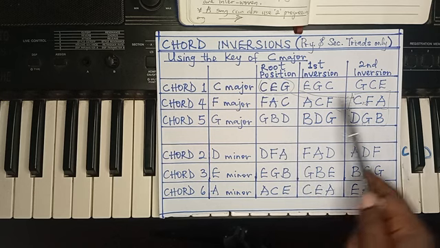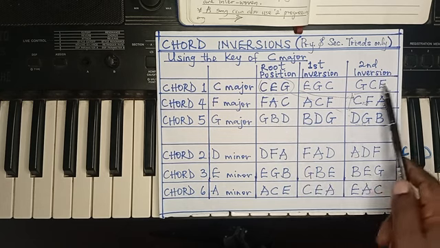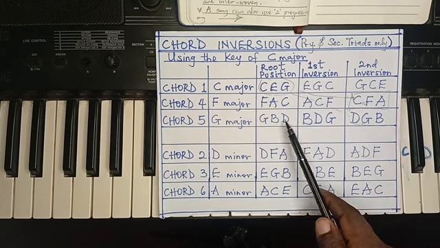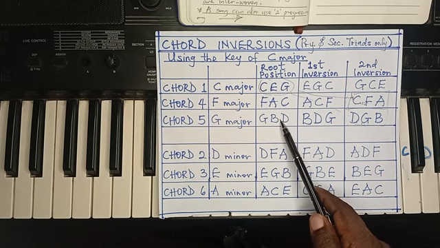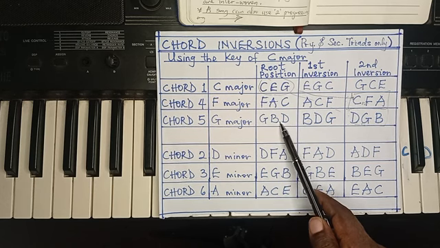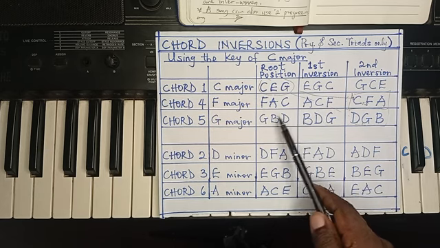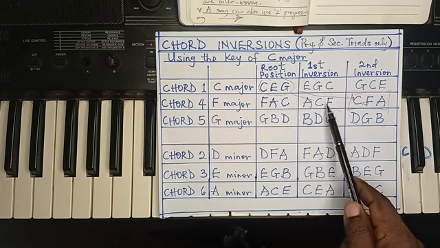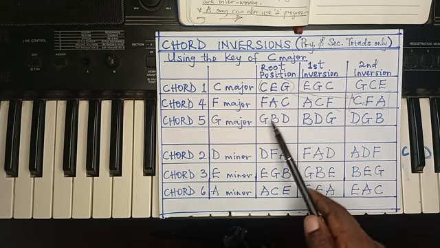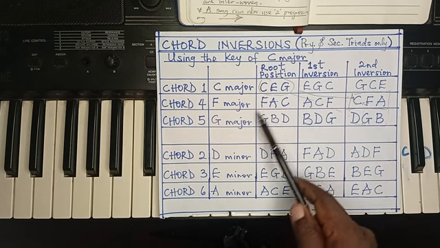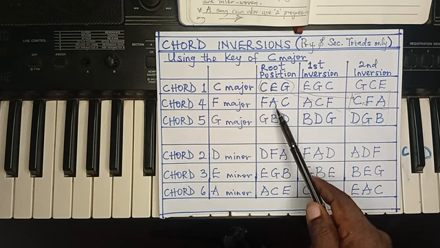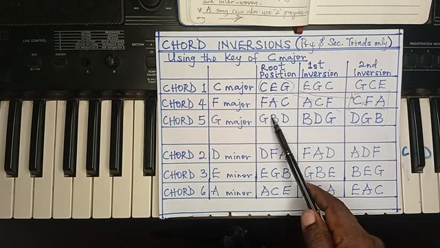G will remain, C will come to B, E will come to D. And from here, what happened next? We can use this. We can use G, B, D. G goes to A, B goes to C, D goes to E. One step, or step it down. G comes to F, B comes to A, D comes to C.